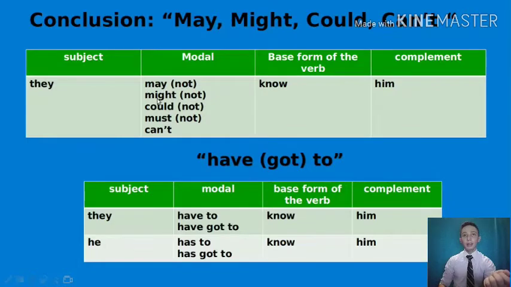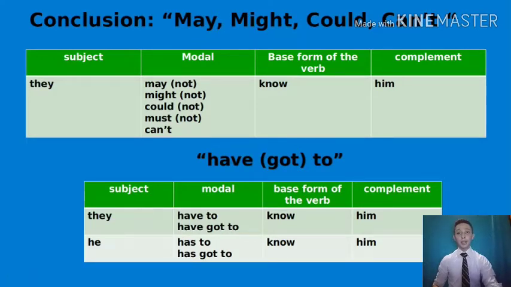They might know him or might not. They could know him or they couldn't know him. And you can use all the possible answers. Okay.